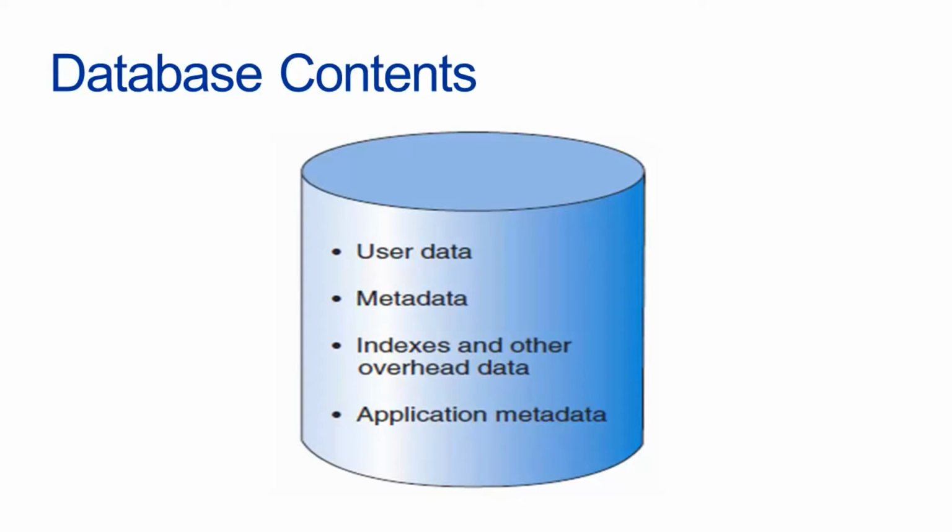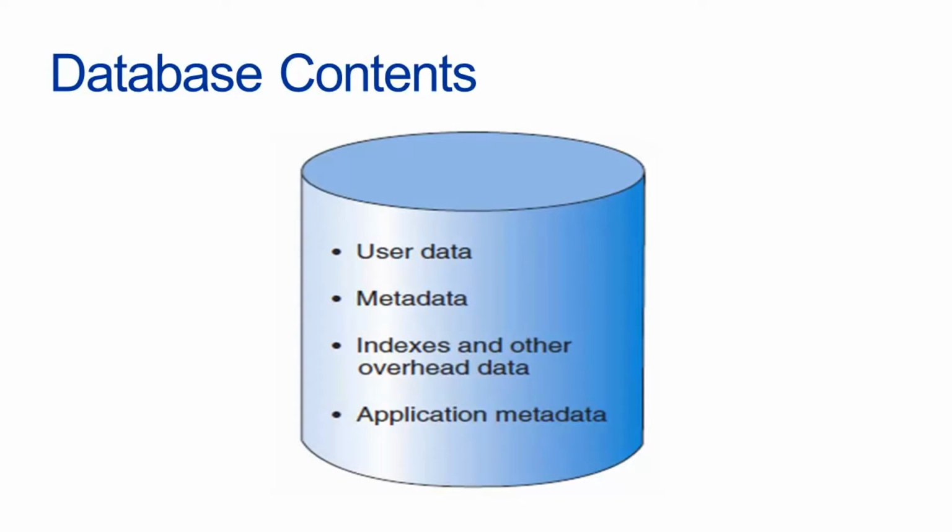A database also contains metadata, which describe our data. It contains, or potentially can contain, what we might refer to as overhead data. These are tables of data that are used to improve performance or track the status of the database or how users are interacting with the database.